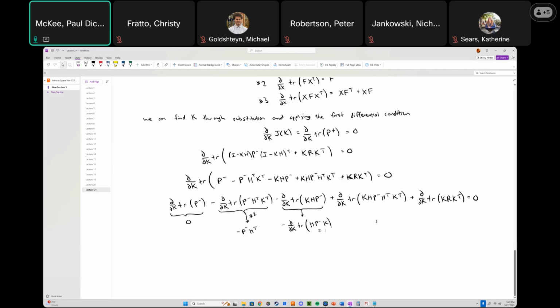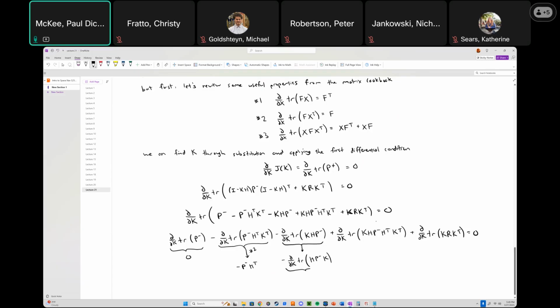And by virtue of rule number 1 up above, this is going to be negative, I think it's just, yeah, P minus transpose H transpose. Okay, and now I realize this is dangerous. This is not P to the power minus transpose. This is P minus transpose. So I guess I should put parentheses on that.